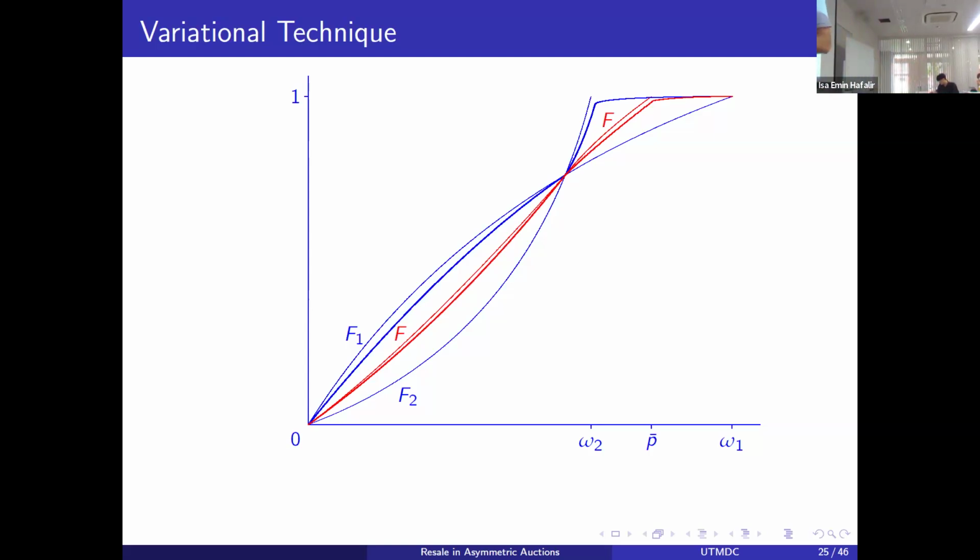Maybe it's a stupid question, but you are moving just one of the functions while the other one is fixed, and still you can somehow say that the revenue becomes closer to something in the middle.